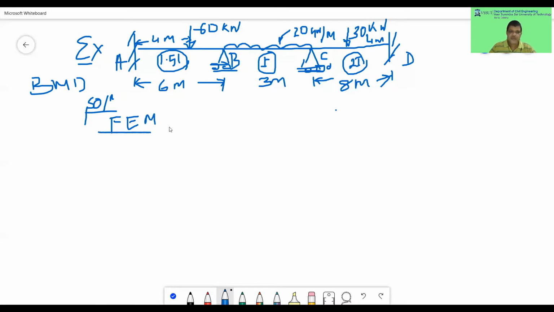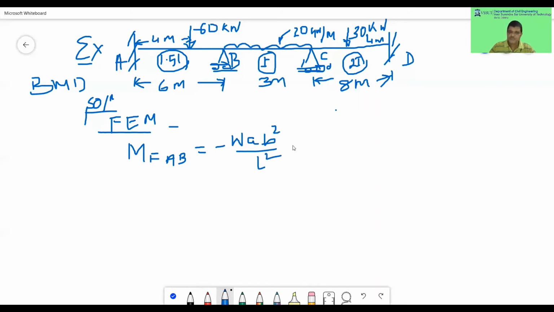So for the fixed end moment MFAB, fixed end moments for AB, that value will be, because it is a point load, minus W a b square by L squared.